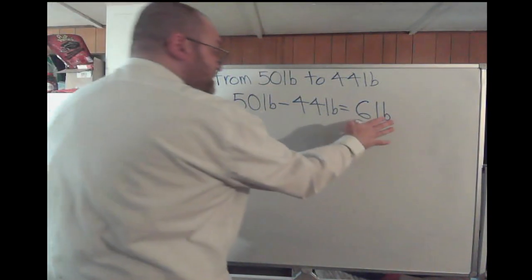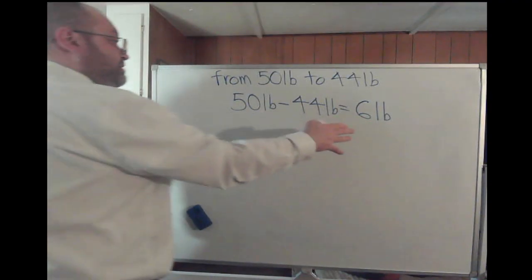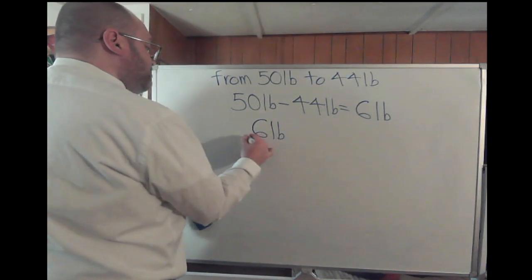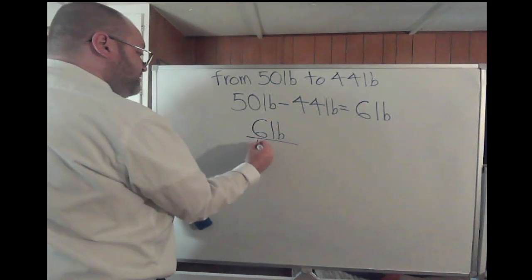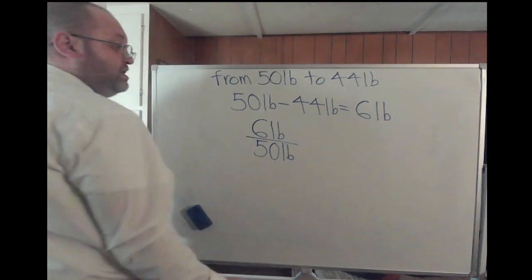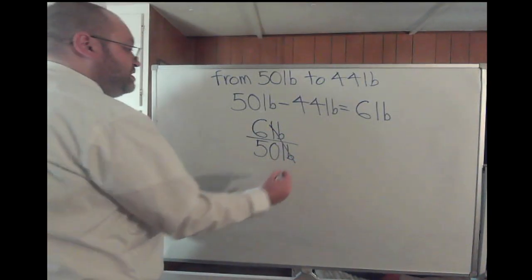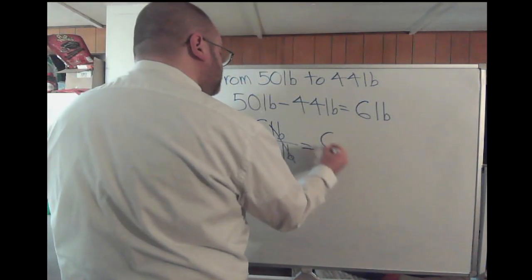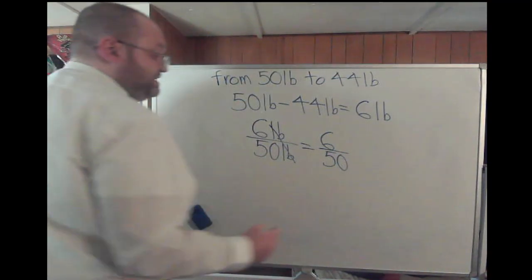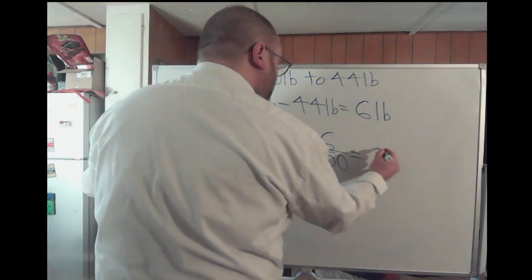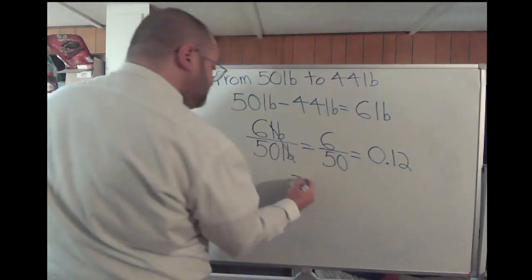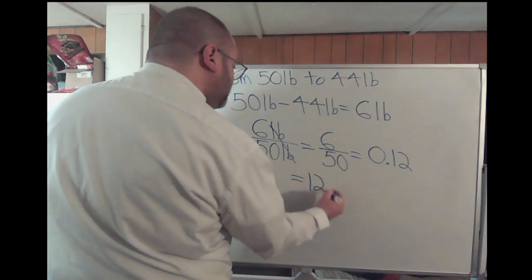Okay, so now that you found the difference in the pounds, you're going to take that difference, 6 pounds, and divide it by the original amount. That'd be 6 pounds out of 50 pounds. Your pounds cancel out. You're just left with 6 over 50, which as a decimal is 0.12, which as a percent is 12%.